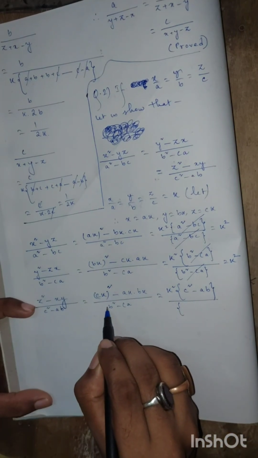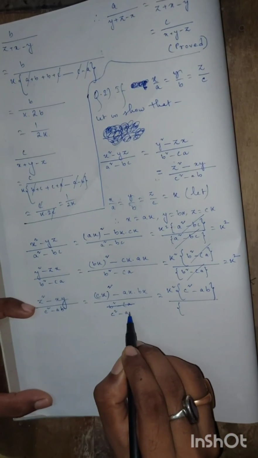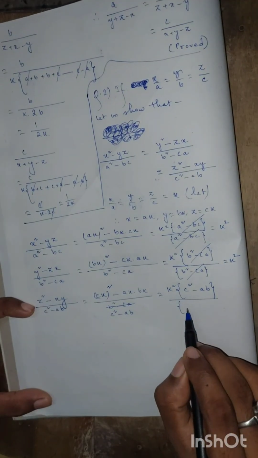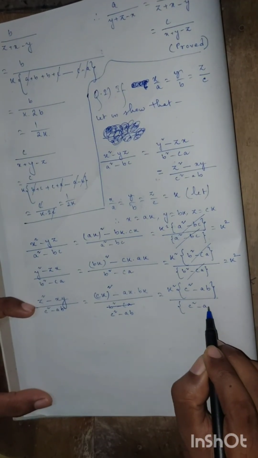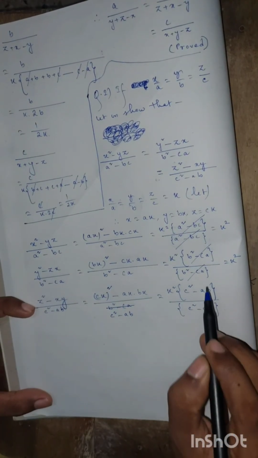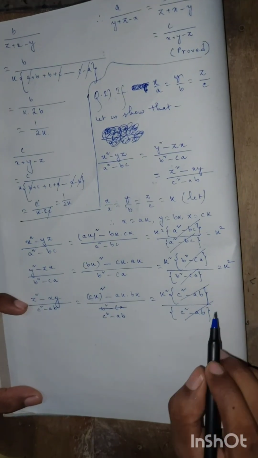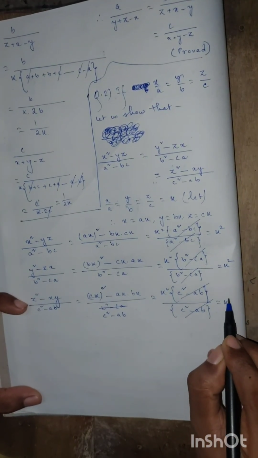Sorry, this is c square minus ab. So the third expression also gives us k square.